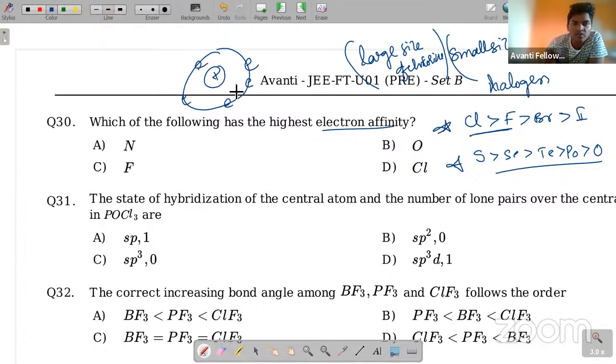If you see, fluorine has 7 electrons in its valence shell. So 3, 4, yeah, 7 electrons. Now you are trying to add an additional electron here. What is going to happen when you try to add it? There will be a strong repulsion. So this is a fluorine atom, there are 7 electrons here, and you are trying to add another electron.